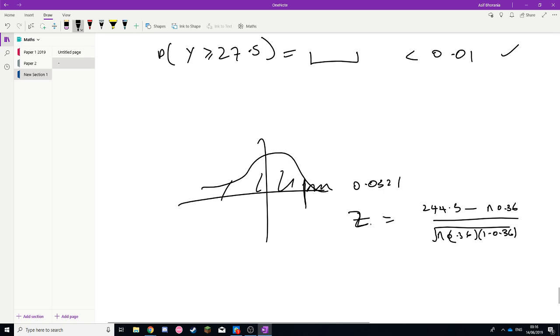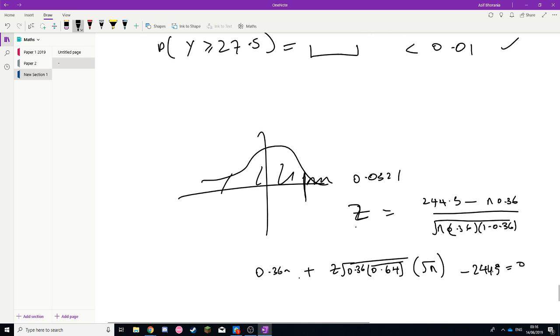You know the z value. You rearrange, and what you have is a square root n term. So you can imagine this is 0.36n plus z times the square root of 0.36 times 0.64, which is the coefficient of square root of n, minus 244.5 is equal to 0.